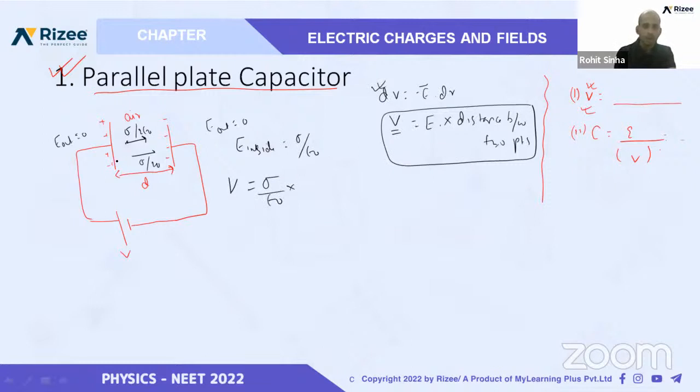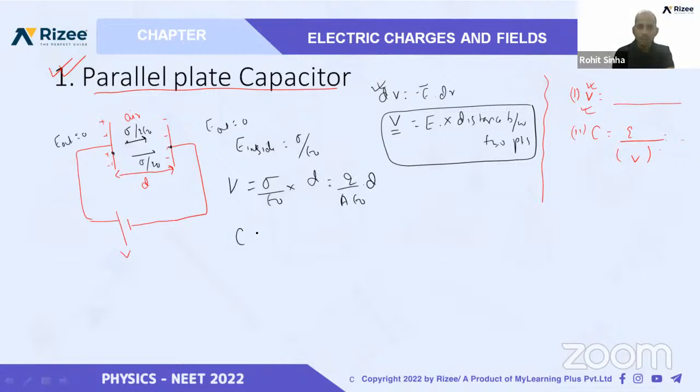A charge is moving from here to here, so the field is between them and the distance is D. We write electric field into D, and since sigma is charge by area, V is equal to Q D by epsilon naught A. We got the value of V.